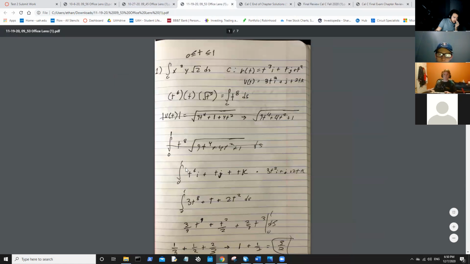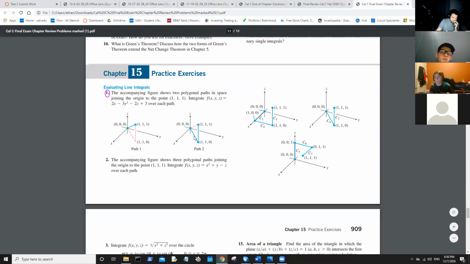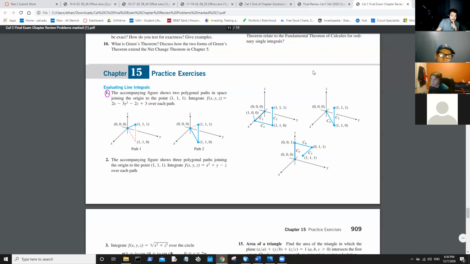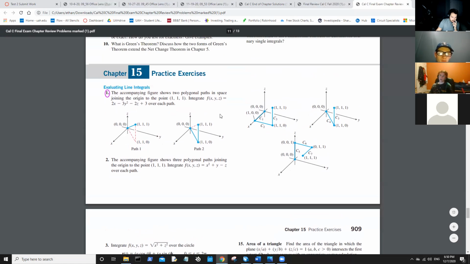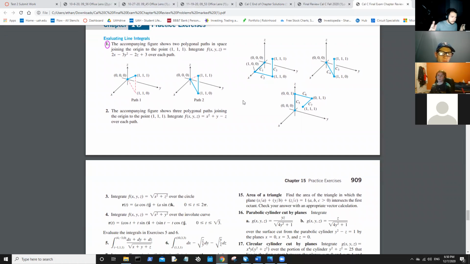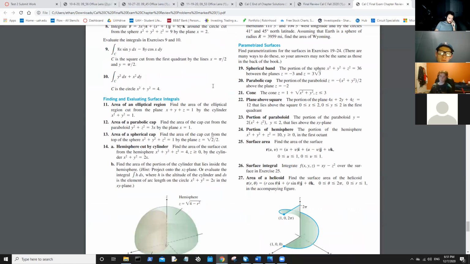Hopefully he just gives us this again, so we just get like 3 points or something. Let's look at the breakdown again real quick. Chapter 15 is 30% of the test. It's kind of nuts that this chapter's worth 30 points, but 11 and 12 is 35, 13 and 14 is 35, and 15 is 30.